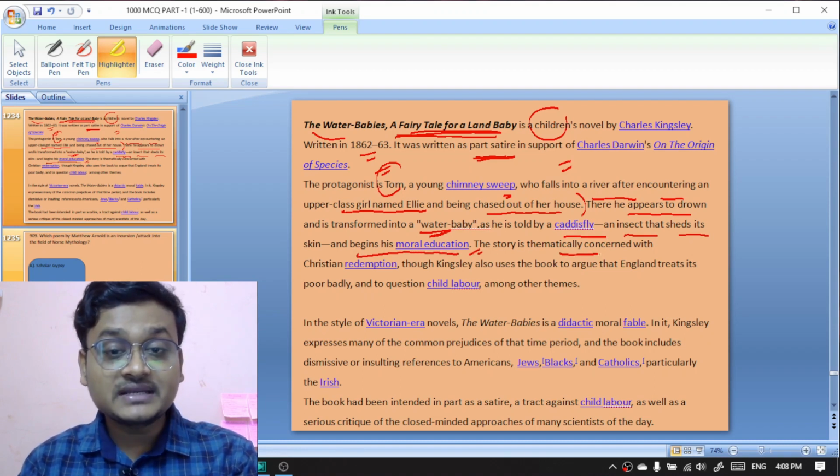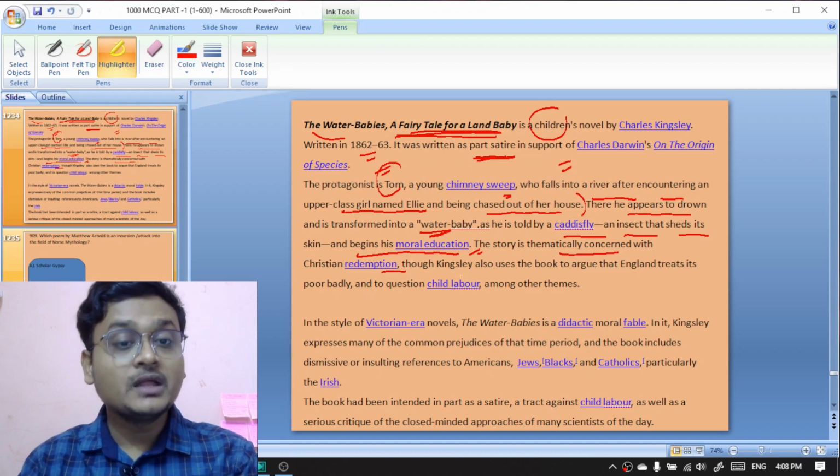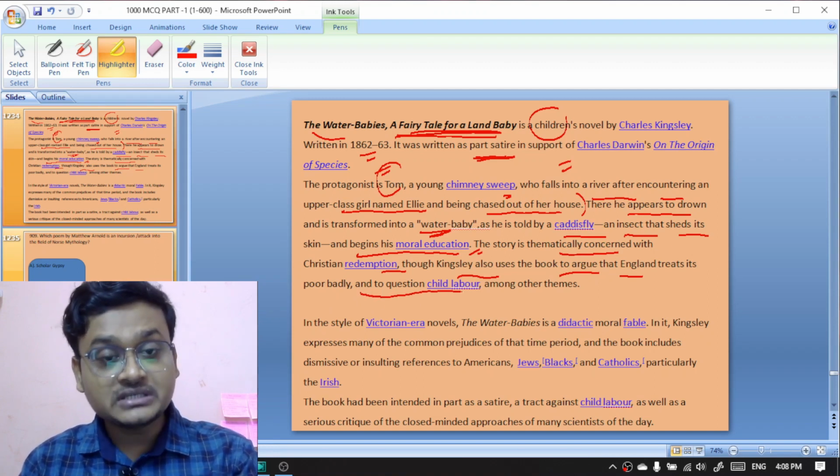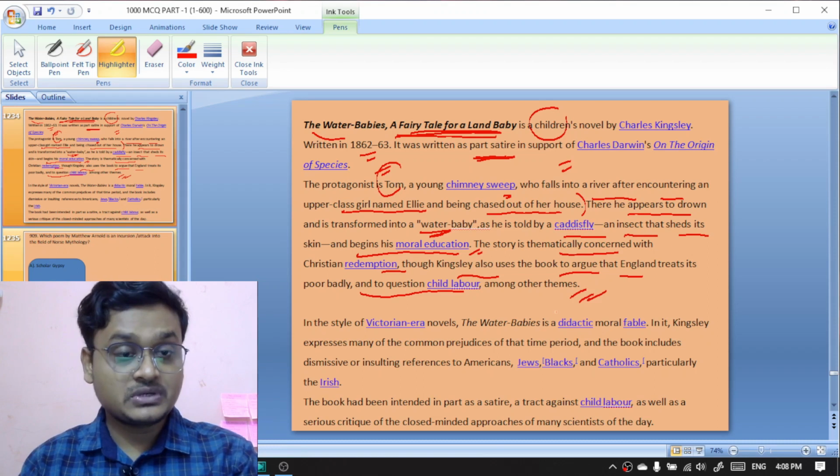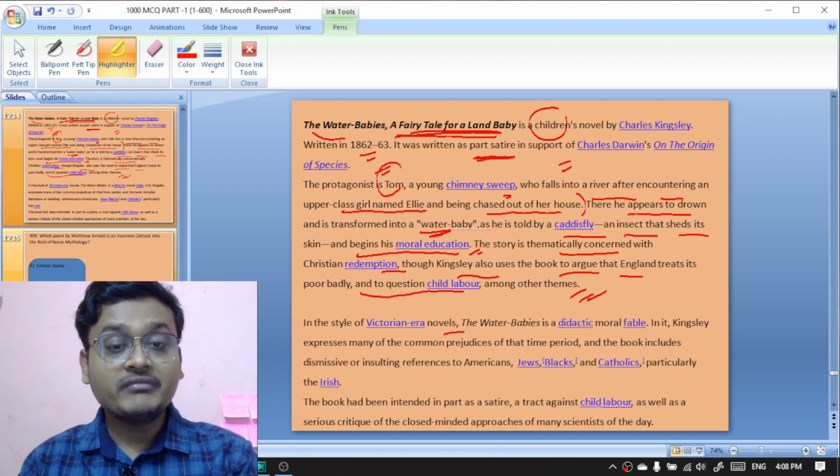The story is thematically concerned with Christian redemption, though Kingsley also uses the book to argue that England treats its poor badly, and to question child labor among other themes. In the style of Victorian era novels, The Water Babies is a didactic and moral fable.